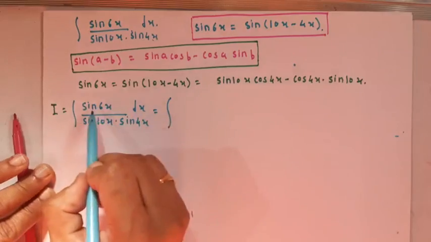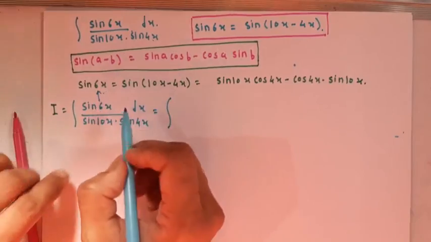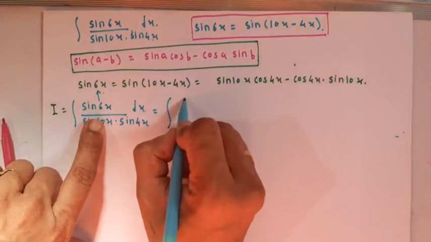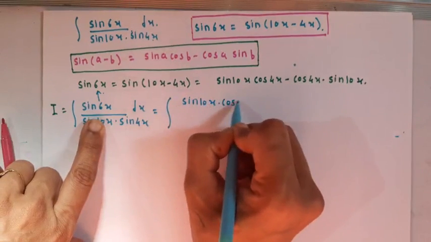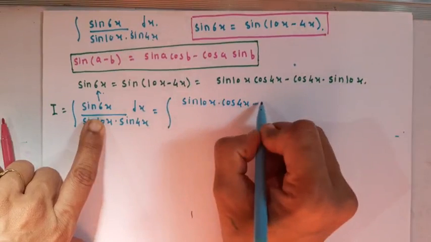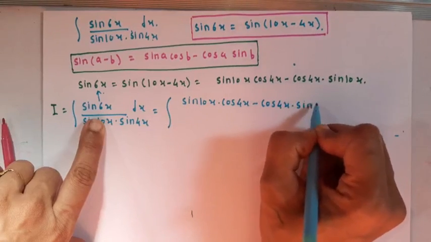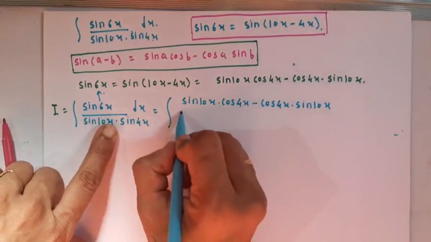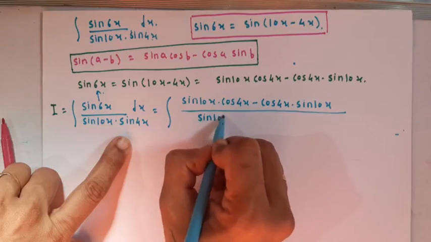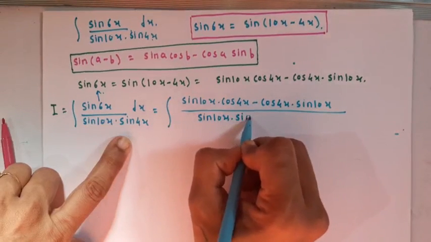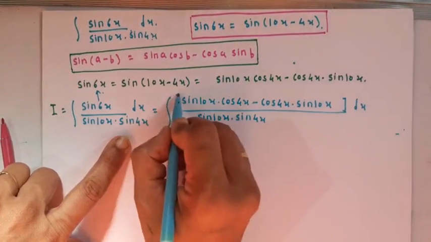So express the numerator like this: sin of 6x is sin of 10x into cos of 4x minus cos of 10x into sin of 4x, upon sin of 10x into sin of 4x, whole with respect to x.